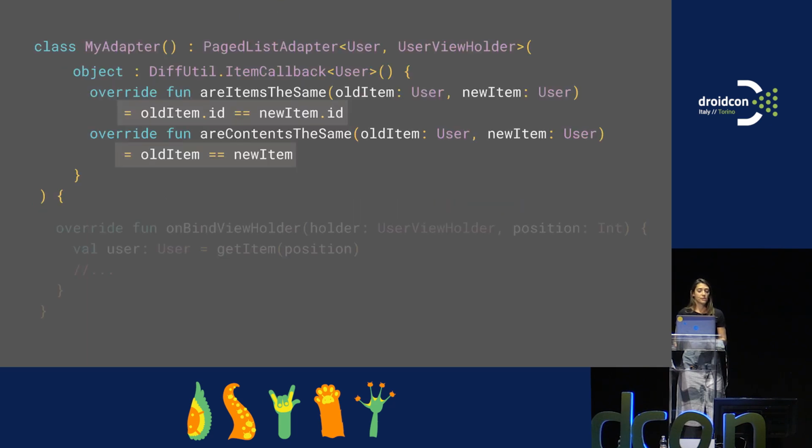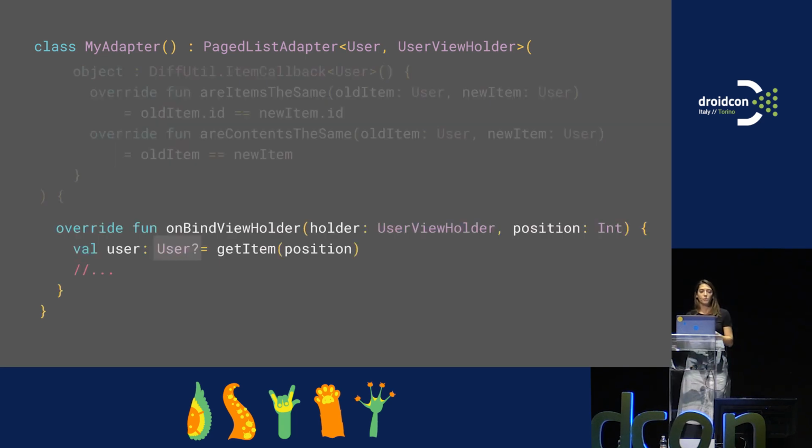Also, we would need to define the item callback exactly in the same way as we did with the ListAdapter. And then in the onBindViewHolder, we have a small change. Initially, if you're working with a ListAdapter, you would get a non-nullable object. But when you're working with a PagedListAdapter, you would get a nullable object. And I'll tell you soon why.